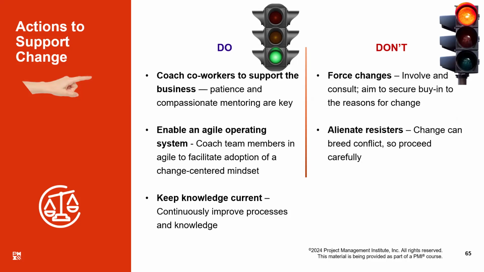Because when you alienate the resistors, you are creating and cultivating animosity. Thus, these people are going to be your biggest opponents and they will try to put every hurdle in your way.